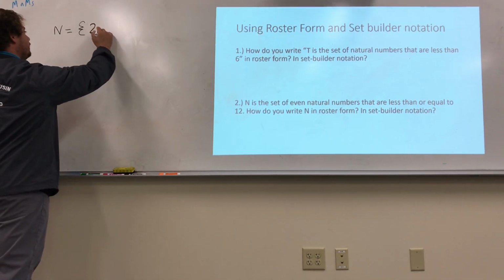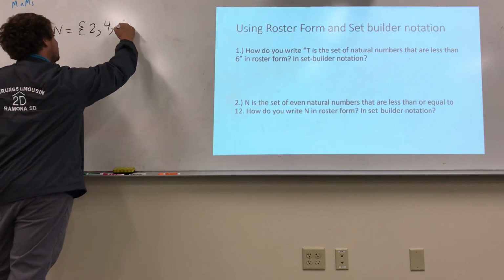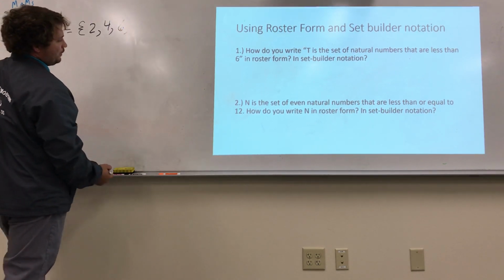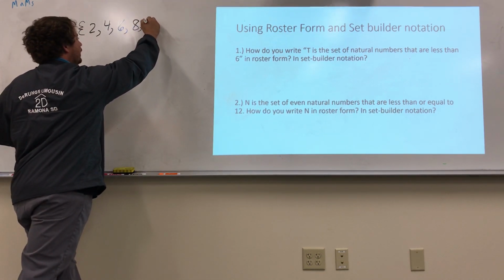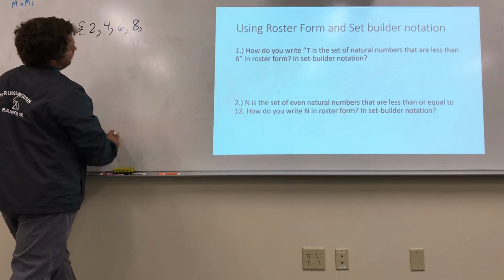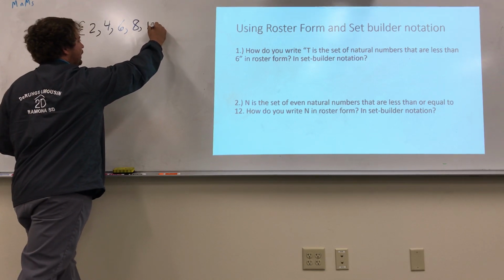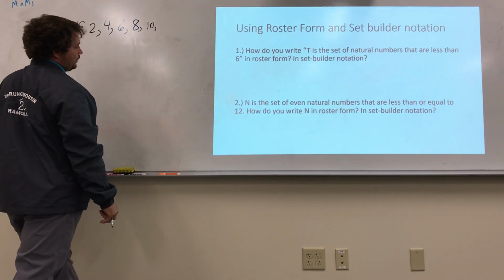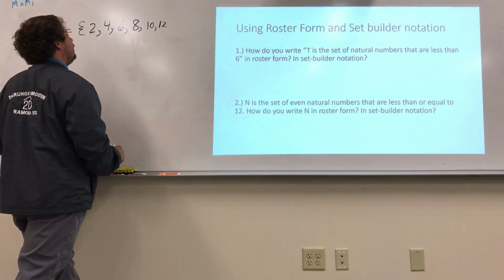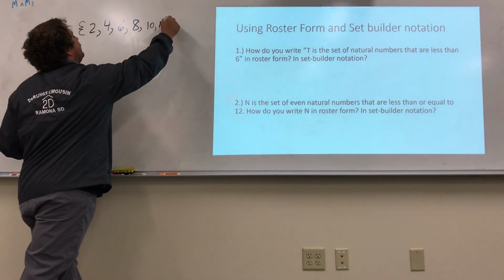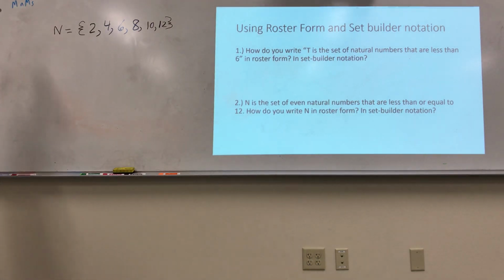Well, 2 is less than, 4 is less than, and it is even. 6 is less than, and it is an even natural number. 8 is less than 12 and is a natural even number. 10 is still smaller than, and is a natural even number. 12 is equal to, but we can be equal to in this one. So that one works because it is still an even natural number. So that is my roster form right there.